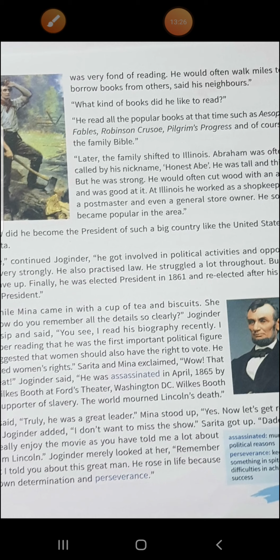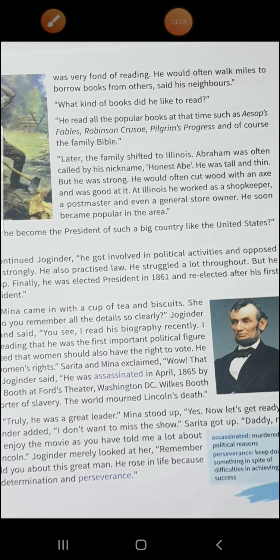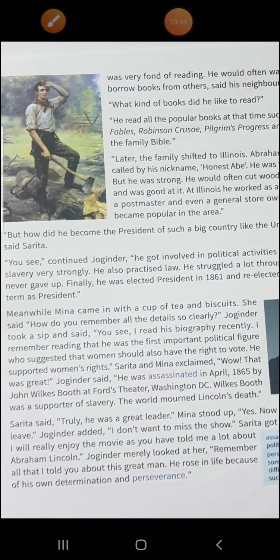He was a lawyer and he struggled a lot. He did a lot of work. He didn't get success easily, he was not served everything. He had to struggle to get whatever he achieved in his life. But he never gave up. The ones who never give up, they only become successful in life.